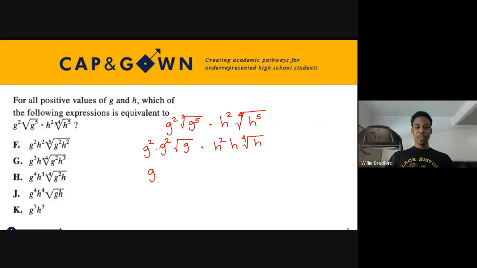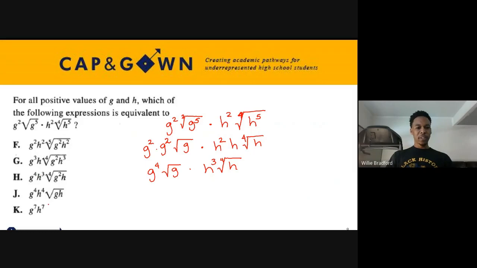So if I multiply these, add the exponents, that's g to the fourth, square root of g times, multiply these two together. H squared times h to the first. That should give me h to the third. And then I still have the fourth root of h.